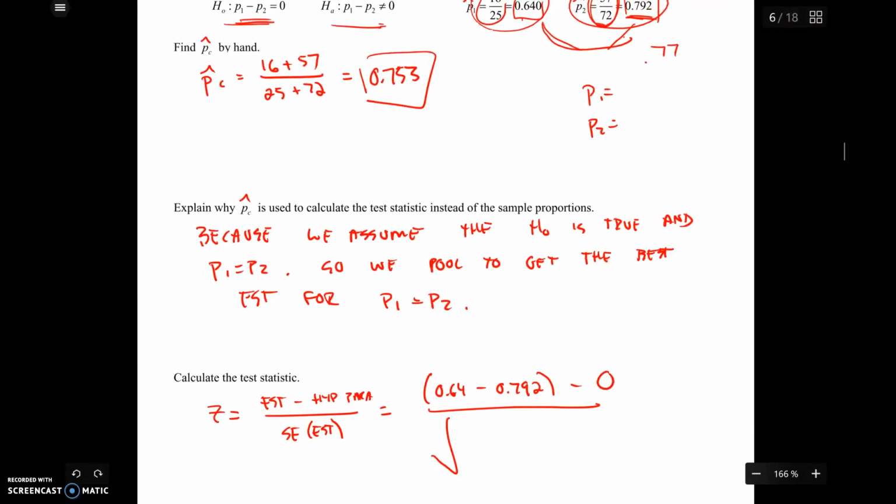All over the square root of p hat C times its complement, that's 0.247, over your sample size for 1, plus put in the exact same estimators for your second sample. That's it. Put that in the calculator.